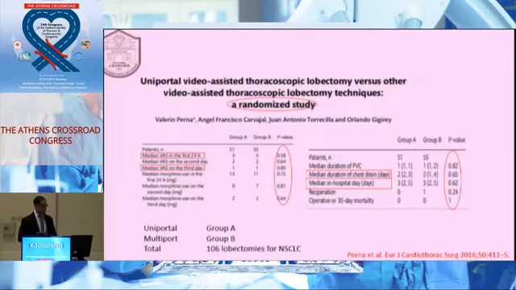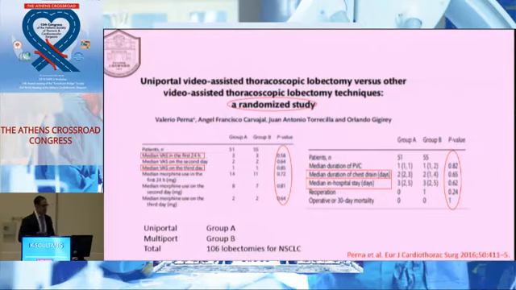This is a randomized study, published quite recently. It comes from Spain. The authors randomized 106 patients treated with lobectomy for non-small cell lung cancer into 2 groups. Group A, 51 patients, was treated with UniVATS and the rest with multi-VATS.